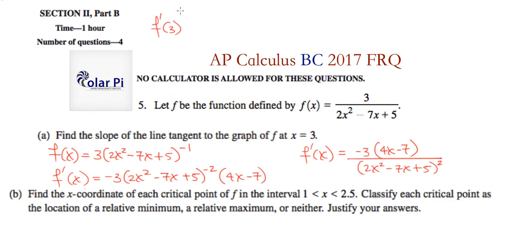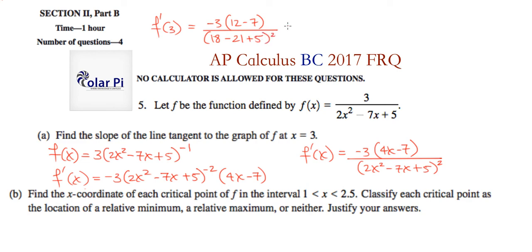Now what we need to do to find f prime of 3 is plug in 3 everywhere. When we do, the numerator is negative 3 times (4 times 3 is 12, so 12 minus 7), and the denominator is (2 times 3 squared, which is 9 times 2 is 18, minus 7 times 3 is 21, so 18 minus 21 plus 5) all squared.